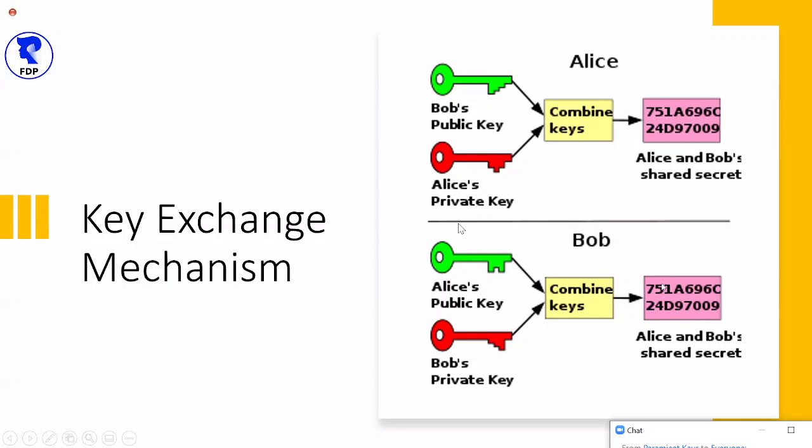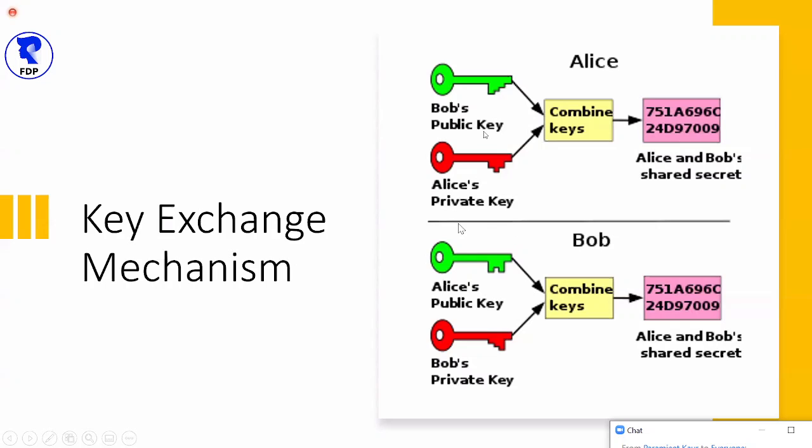So if this particular secret is used as a key for symmetric key functions, they would be able to confirm that a message exchanged between Alice and Bob is kept as Alice and Bob's shared secret. This should not be shared with others, but it is shared between these two based on the public key as well as the private key.